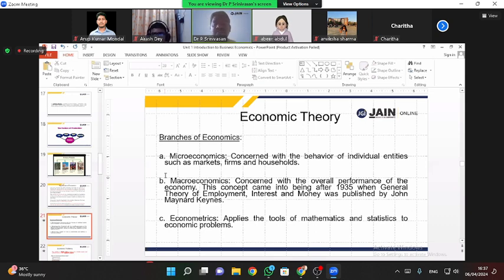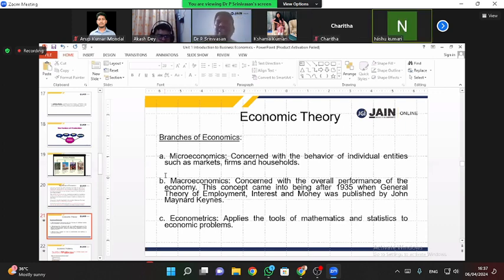And general price level, inflation, is it micro or macro? It is macro. We say microeconomics deals with individuals, and macroeconomics deals with aggregates. You know what aggregate is? It's the sum total. So you understand, no?